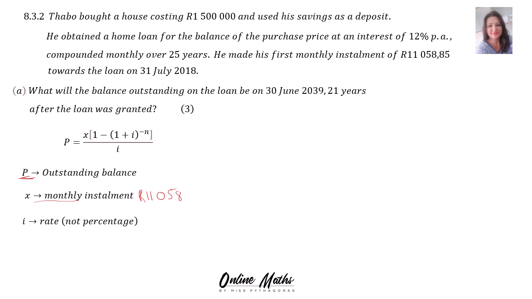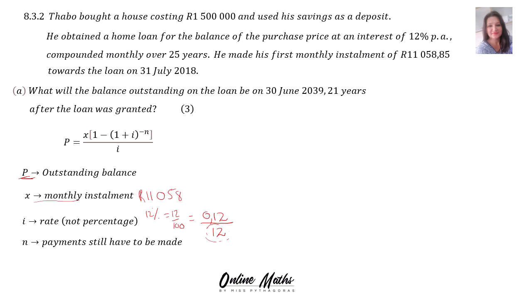I is the rate, not the percentage. Remember, if it's 12%, it's 12 over 100, which is 0.12. But you must be careful because all of this is going to be monthly. So you still need to divide by 12 to compensate for monthly.